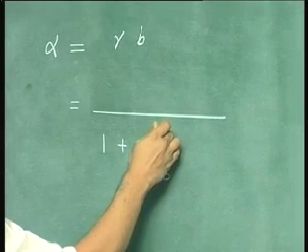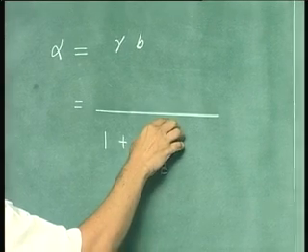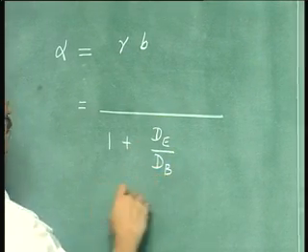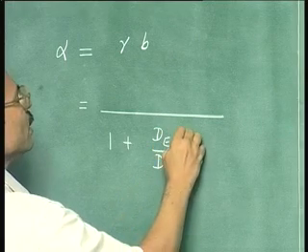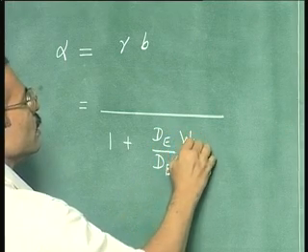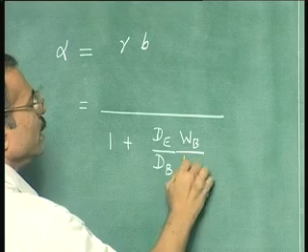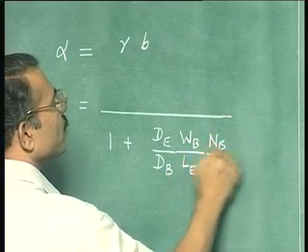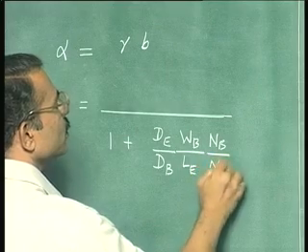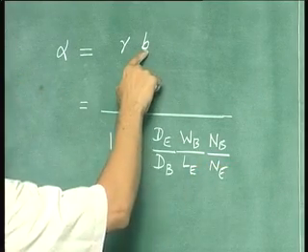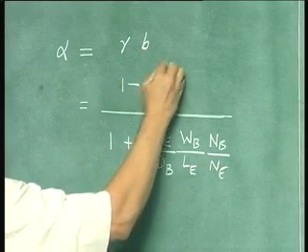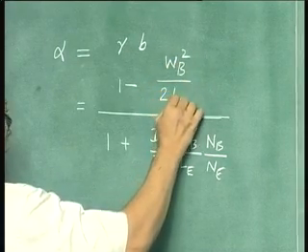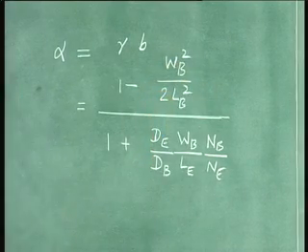So first you have the terms corresponding to the emitter electron current and then the base current. And the base transport factor is 1 minus WB square by 2 LB square.